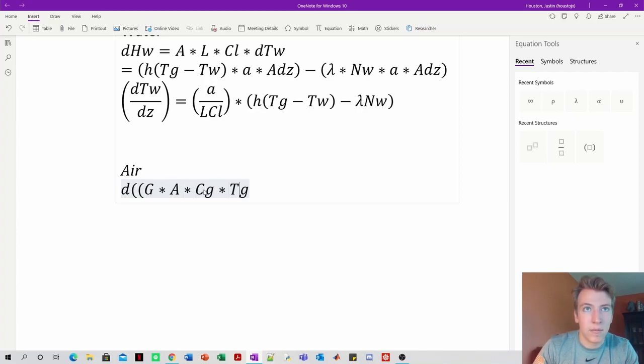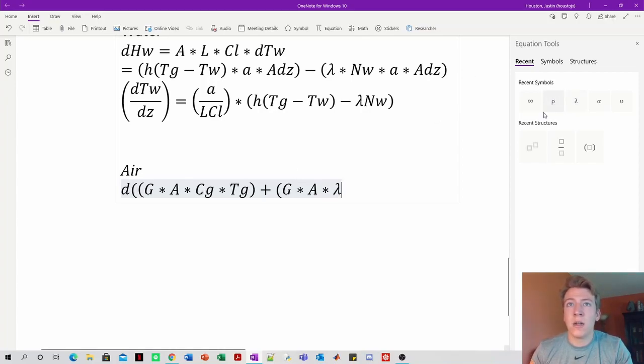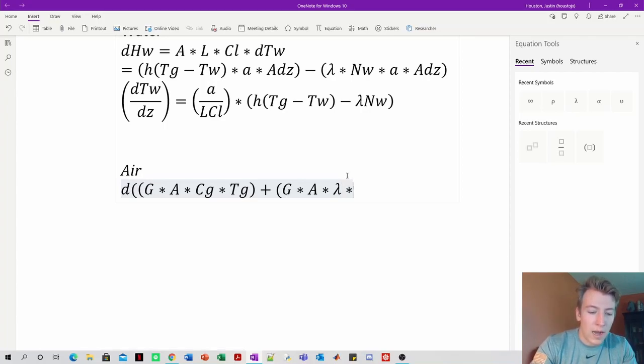And then, obviously that's the vapor phase, plus we have, once again, the gas flow rate times the area times the enthalpy of vaporization, lambda, times Y, which is the mole fraction. And this is going to be divided by the average molecular weight.